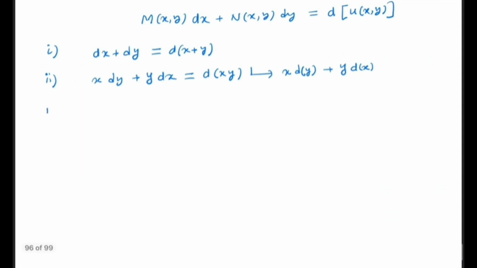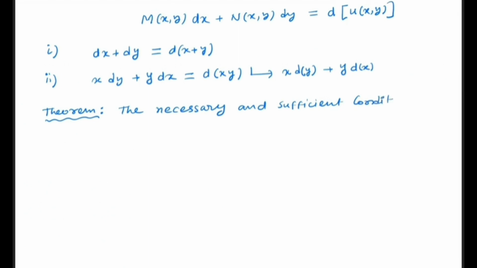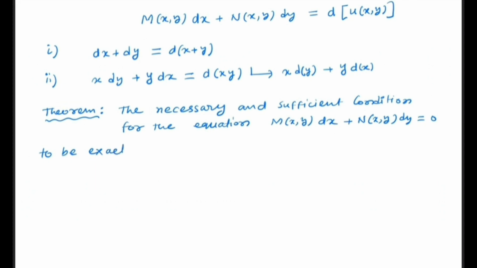The theorem says the necessary and sufficient condition for the equation M(x,y) dx + N(x,y) dy = 0 to be exact is ∂M/∂y = ∂N/∂x.